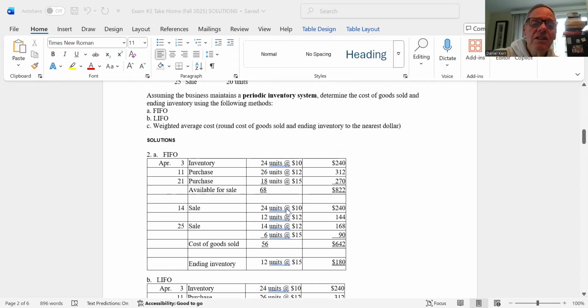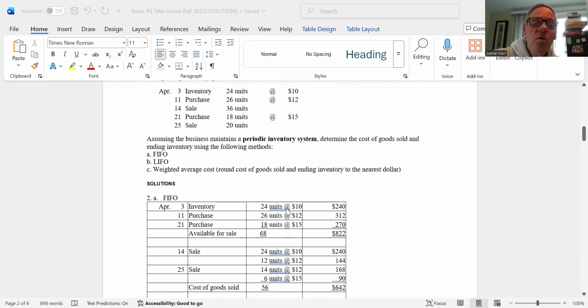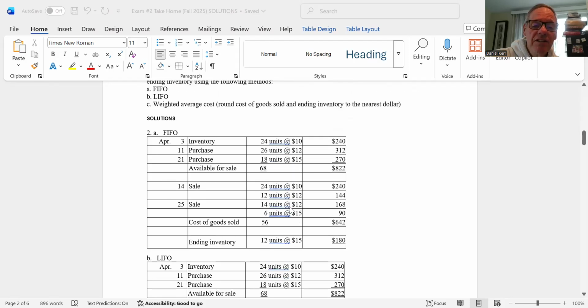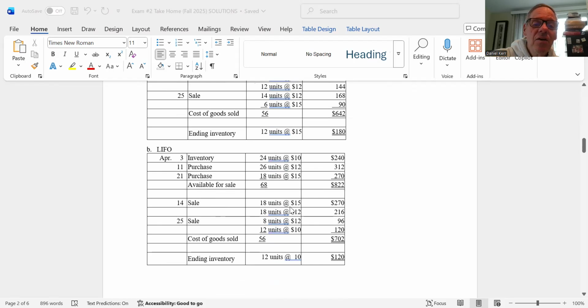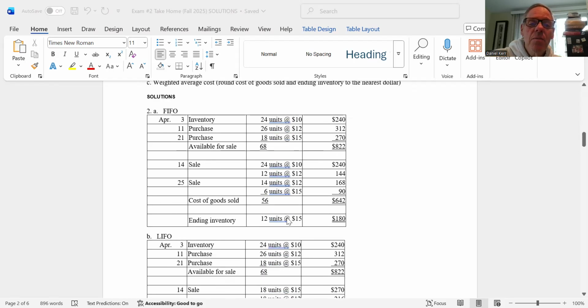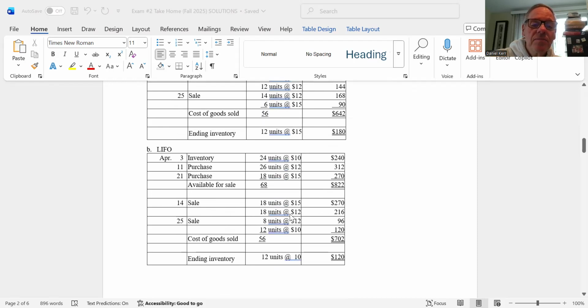You only had 18 units at the $15. Right, so it's 18 units at 15. So the other 18, you've got to go back to the next most recent purchase, which is at $12. So it's 18 at 12.